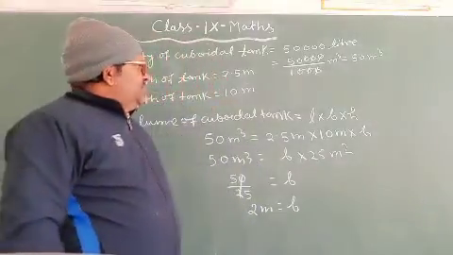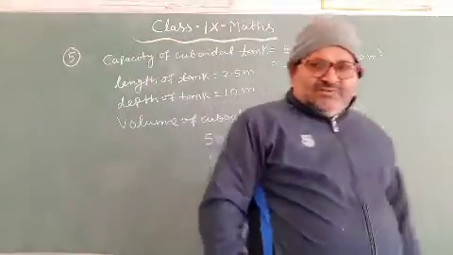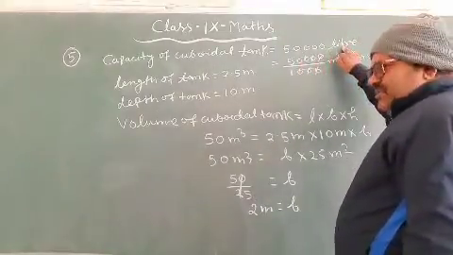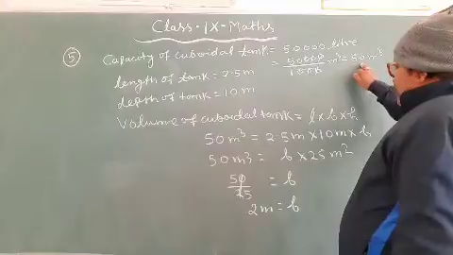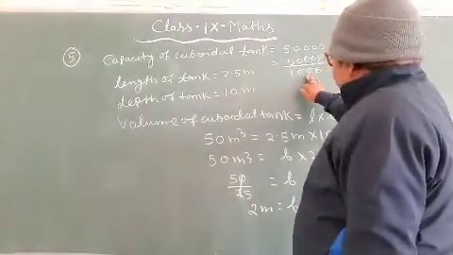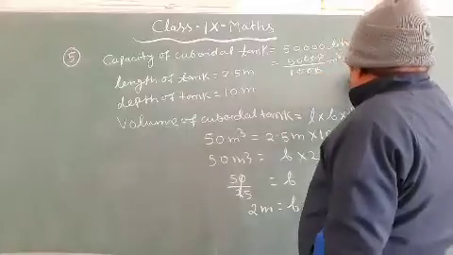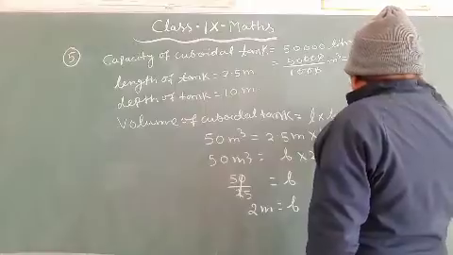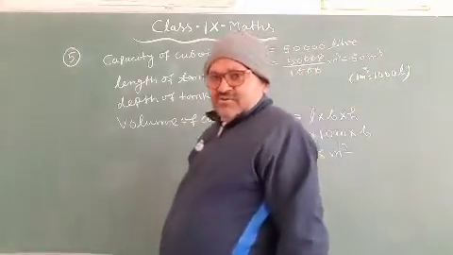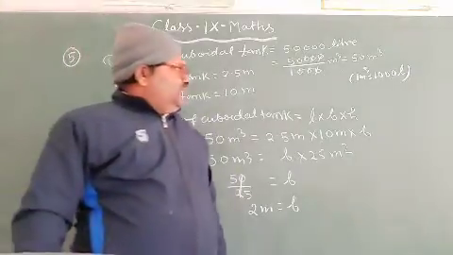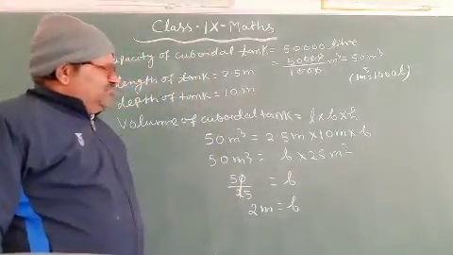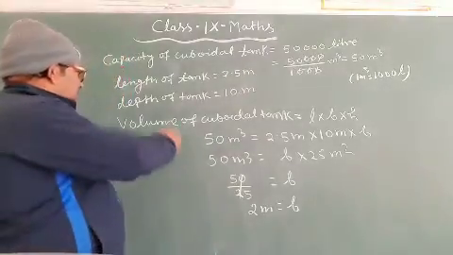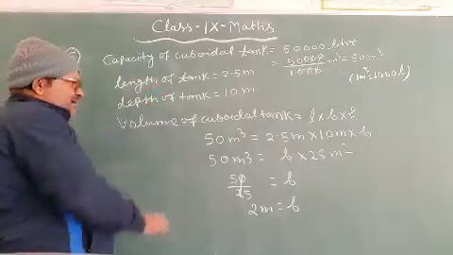Now here the capacity of a cuboidal tank is given as 50,000 liter. First we convert the liter into meter cube, so we divide by 1000, because 1 meter cube is equal to 1000 liter. So the value we get in meter cube is 50 meter cube, and the length and the depth of the tank are given.